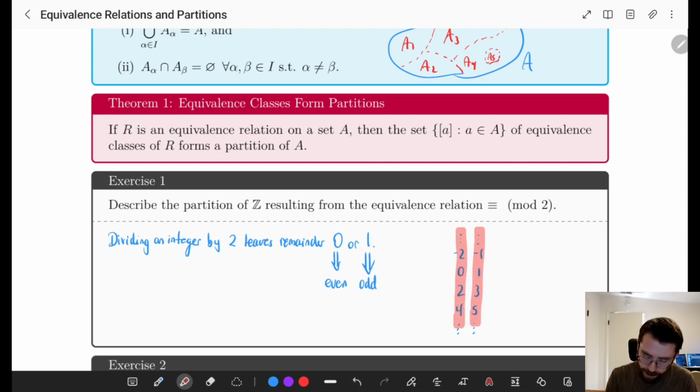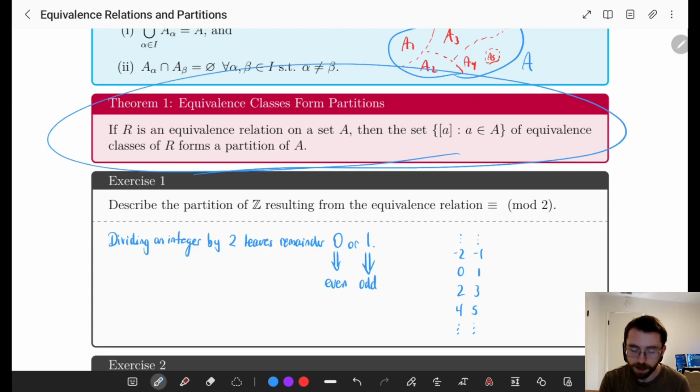And sure enough, that's the equivalence class of 0. And this is the equivalence class of 1. So not only do you have a partition, but theorem 1 comes to our rescue and says congruence mod 2 is an equivalence relation, so it has to result in a partition, and there's this beautiful connection between the two.